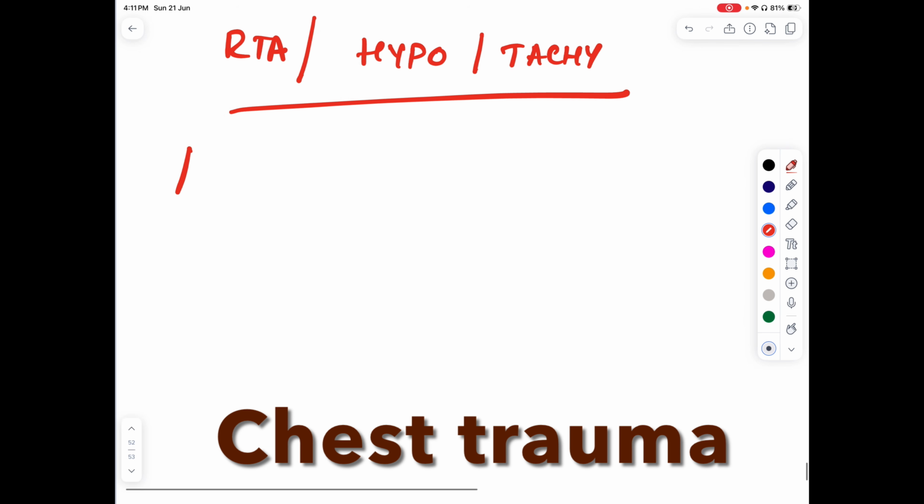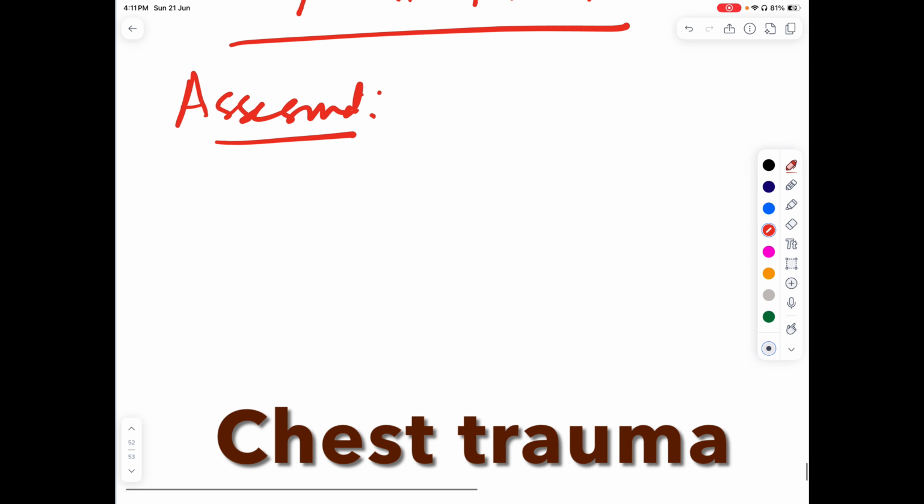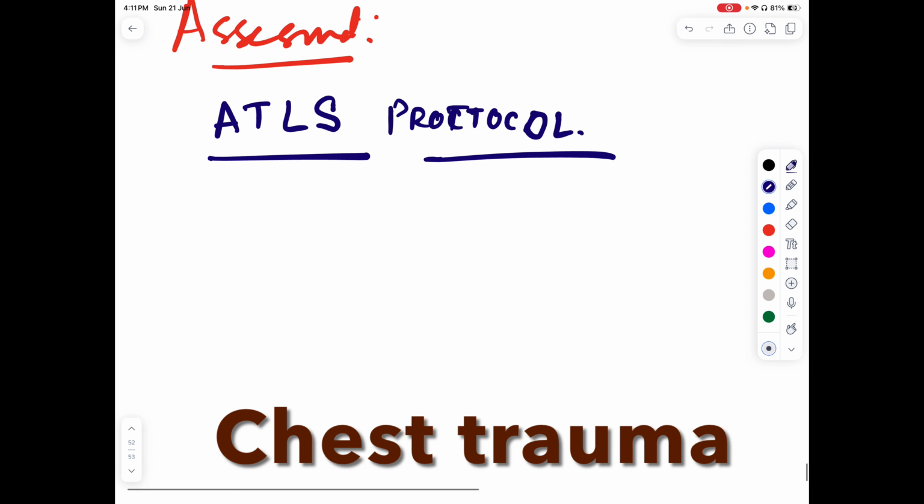So the first question will be assessment. All these trauma patients have to be assessed via Advanced Trauma Life Support, ATLS. You have to keep the ATLS protocol in all these cases. What is the general principle of ATLS?